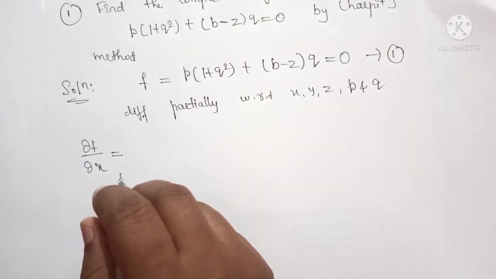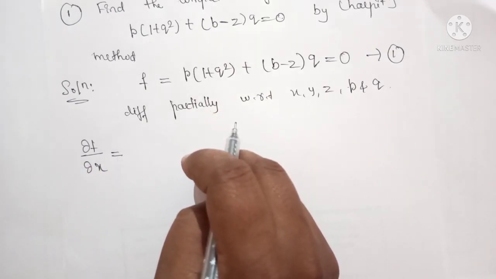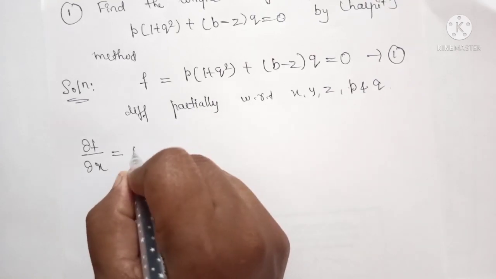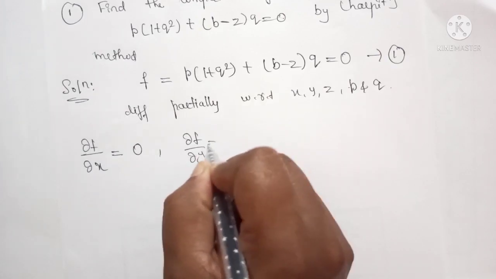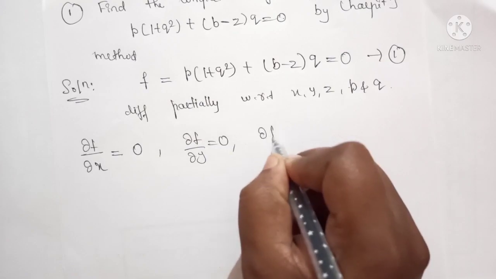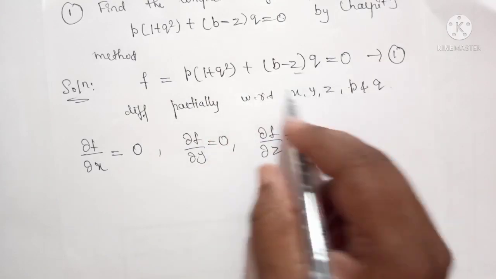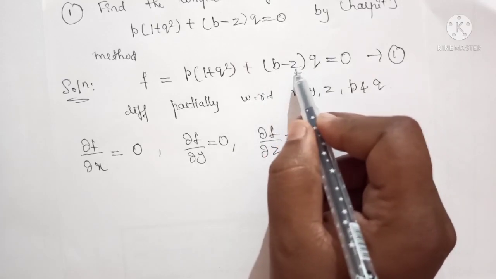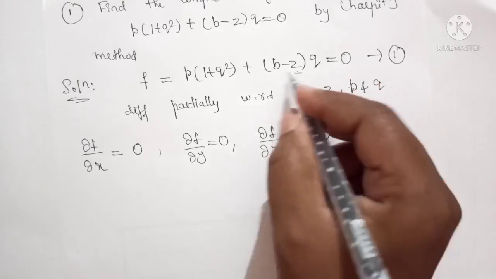So differentiating partially with respect to x, you can observe that dou f divided by dou x is equal to 0, because it does not contain any x terms. Next, dou f divided by dou y is also equal to 0. Then dou f divided by dou z, it contains only one z term, that is (b minus z) into q, so differentiating this we get minus q, z differentiation is 1.